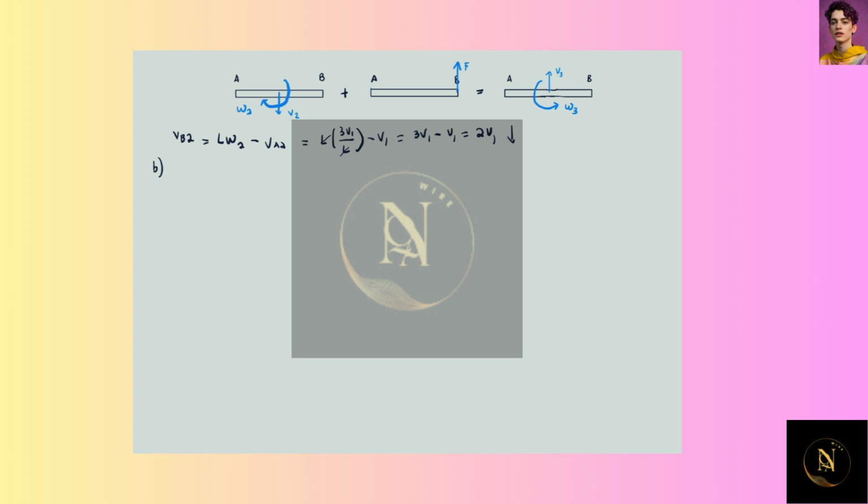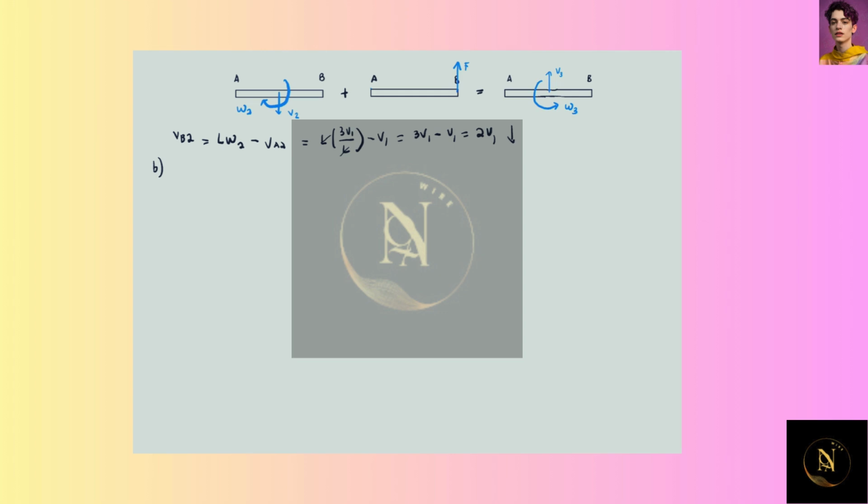So for letter B, we'll now focus on the impact at point B, when the rod strikes point B. I have here a sketch of the scenario. The rod, which is now rotating at an angular velocity omega 2 and whose mass center is moving at V2, strikes point B with a velocity vB2.